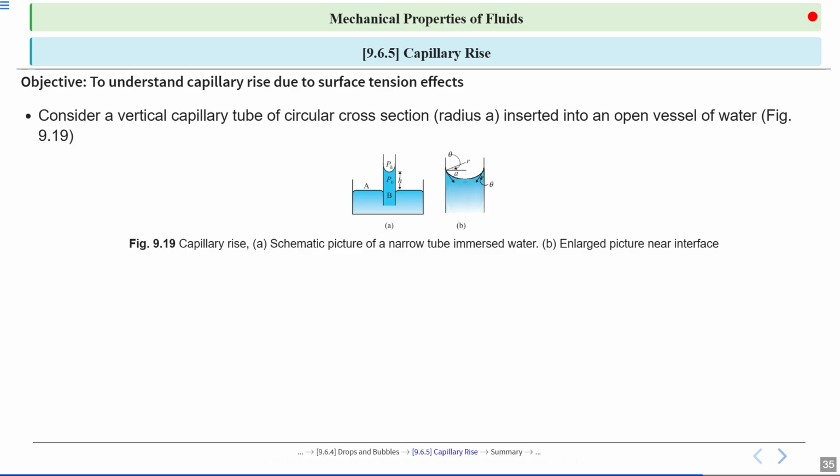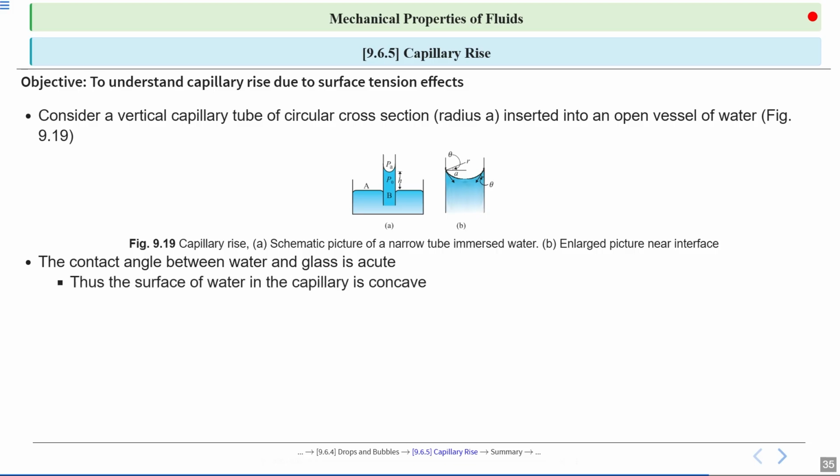So look at figure 9.19. Capillary rise. A, schematic picture of narrow tube immersed in water. B, enlarged picture of near interface. The angle of contact between water and glass is acute. Thus the surface of the water in the capillary is concave.